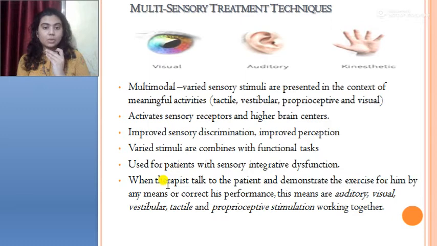For example, when therapists talk to the patient, demonstrate the exercise for him by any means, or correct his performance, these means are auditory, visual, vestibular, tactile, and proprioceptive stimulation working together.